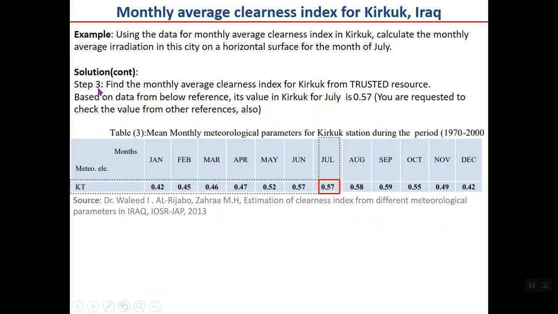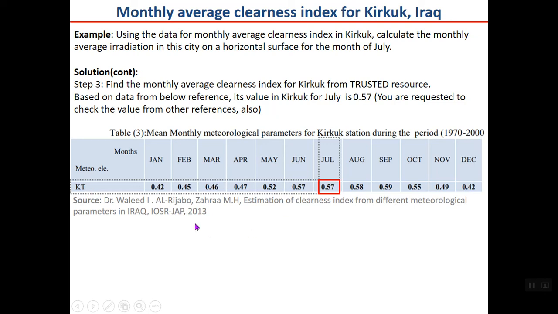So the next step is to find the monthly average clearness index for the city in question from trusted resources. By trusted resource, I mean references that you can trust on the value. Based on the data from the reference below, I found a reference here. You may go to this paper for more detail, but you can see here that it has the mean monthly meteorological parameters for Kirkuk station during the period shown here, and you can see here that it is KT.